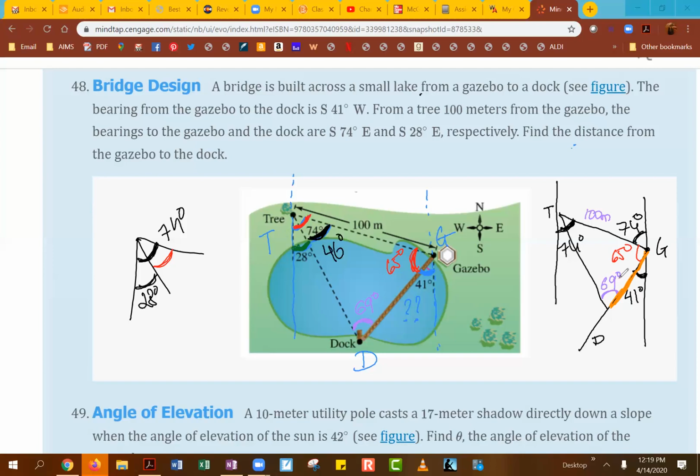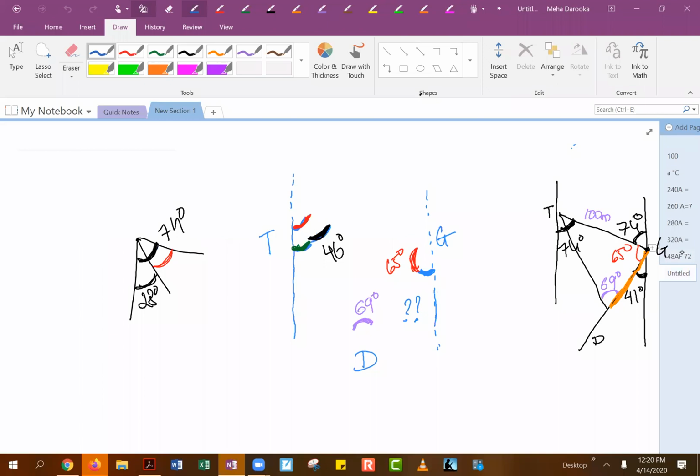Well, we use the 46 degrees from the inside of the triangle on side T, and that's our missing side. And then we use the dock angle and the 100 meters on the other side. Yeah, because those would be our given information. Now let me see if I can kind of use this here.